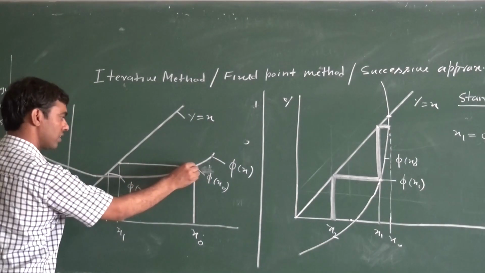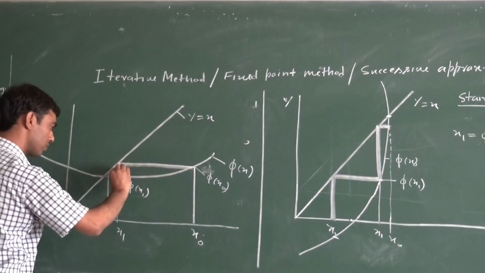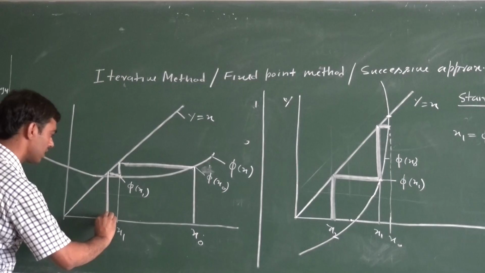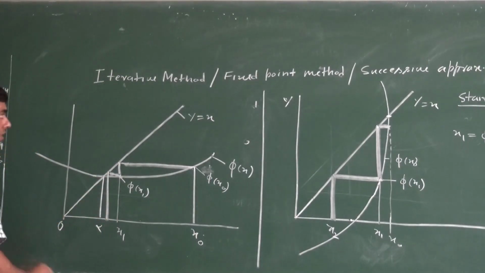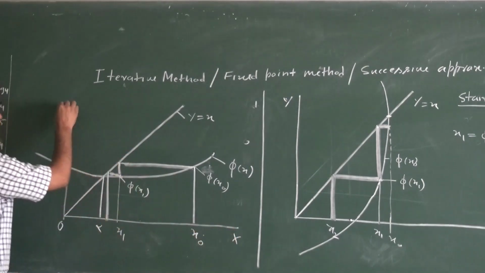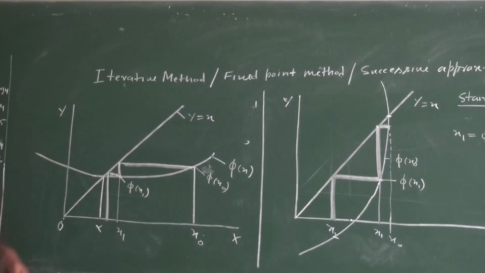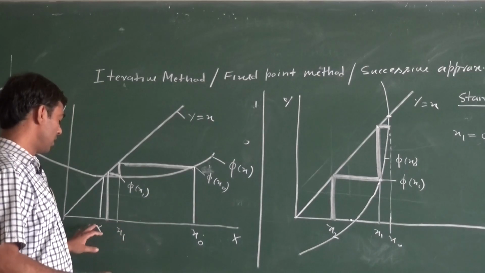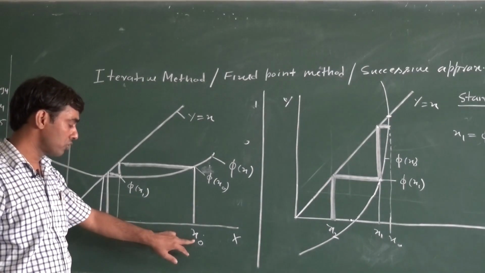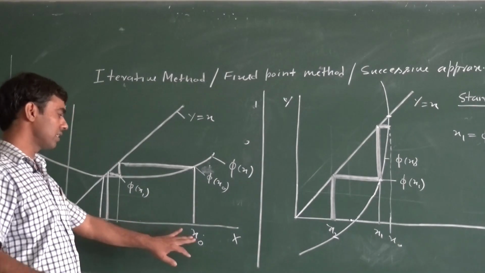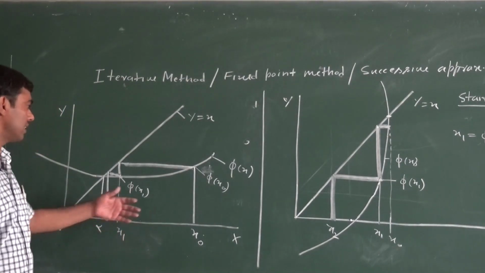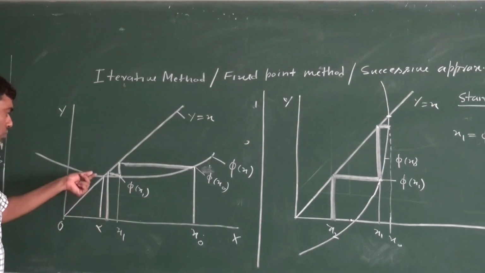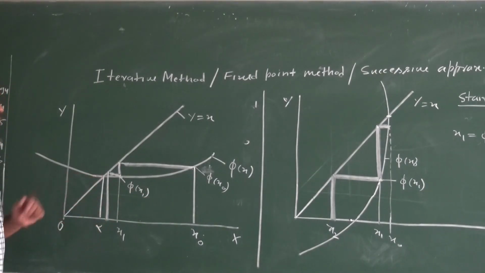Here you may see this is also a staircase. This is the actual root, alpha. In this case, we take the first approximate value far from the actual root, but after a certain number of iterations, slowly we move towards our actual root.